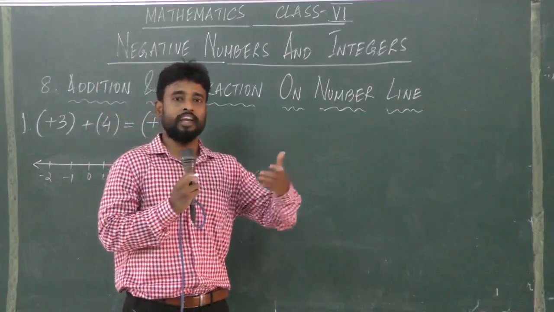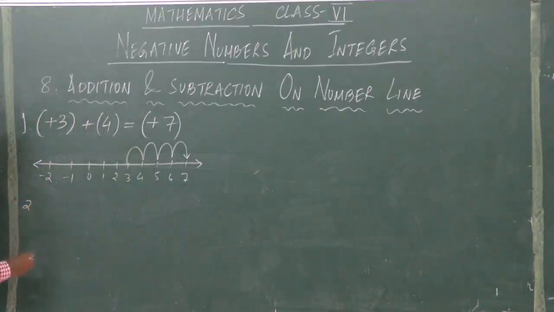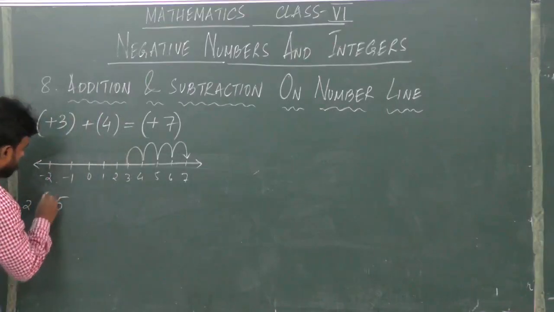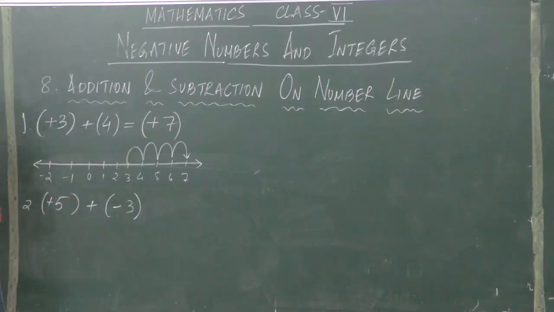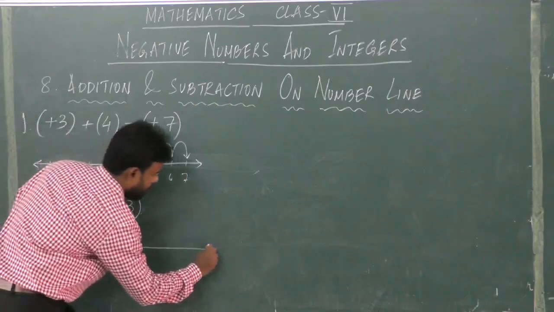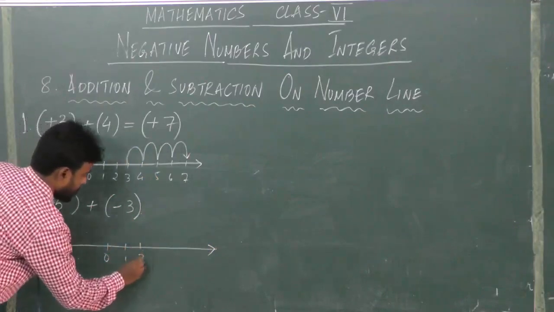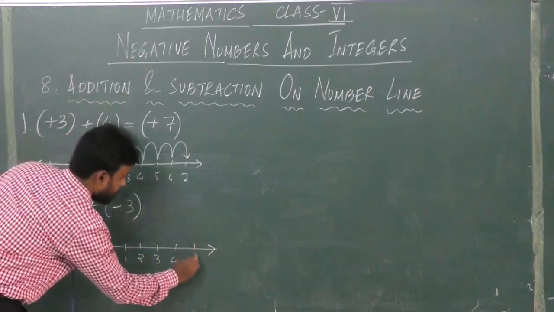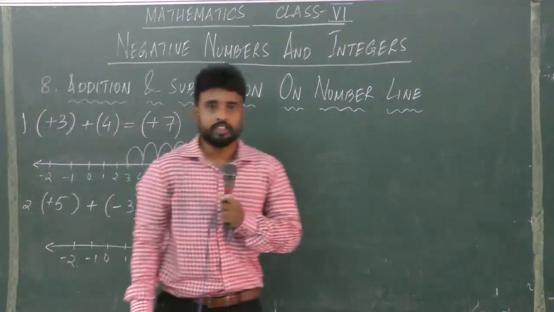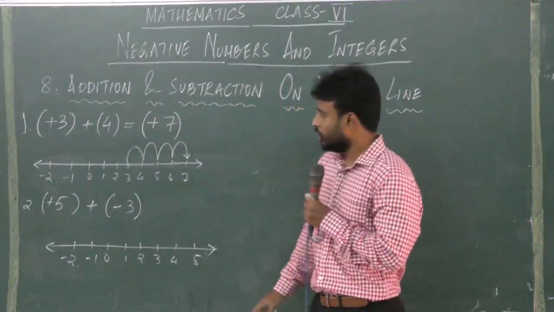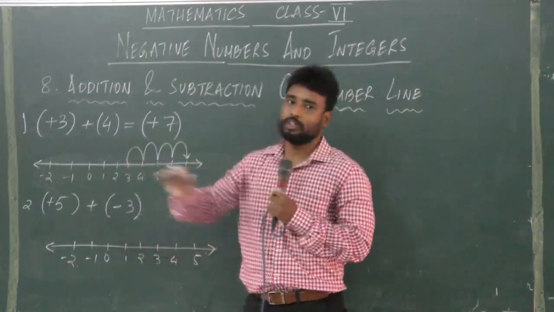Let's come to the next, second rule of addition. So here, what we are doing is, we want to add minus 3 to this 5.